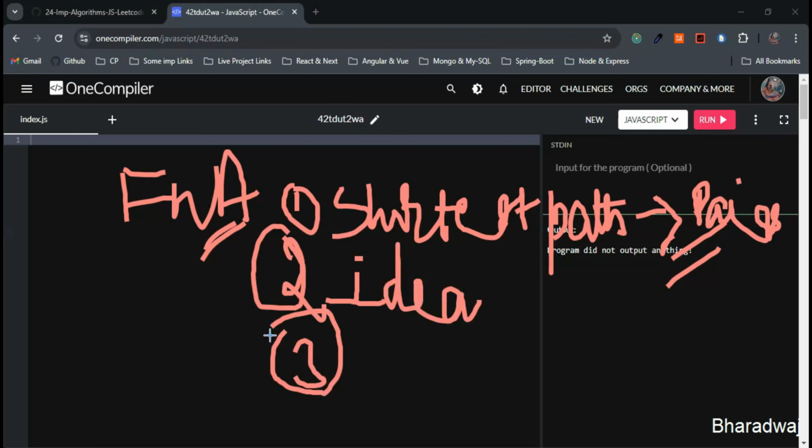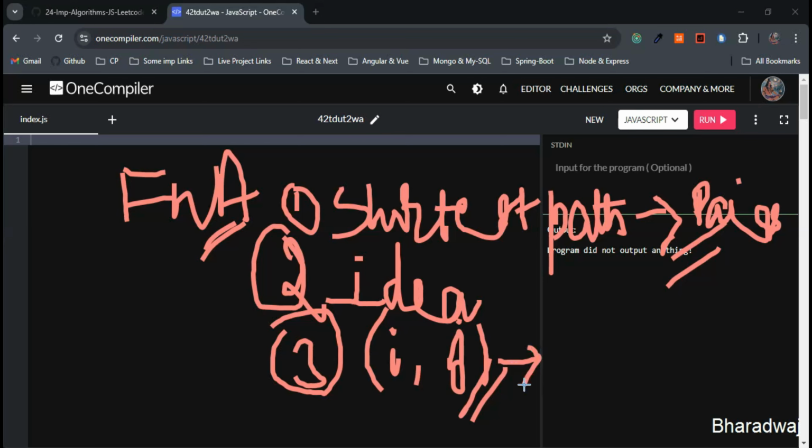The third step is, for every pair i and j, suppose i and j are the pairs, nothing but a pair of nodes. For every pair of nodes i and j, we will be checking if going through an intermediate node k gives us the shortest path. If yes, then we will update the shortest path.